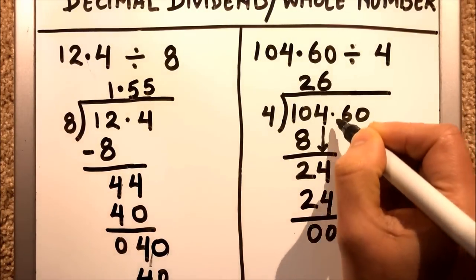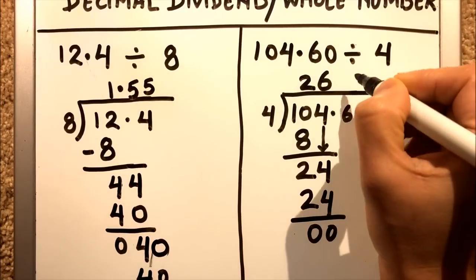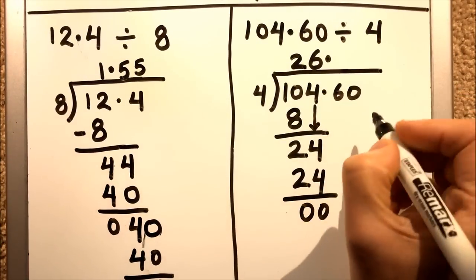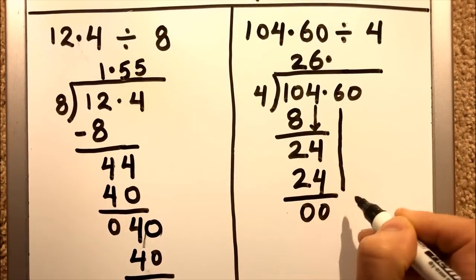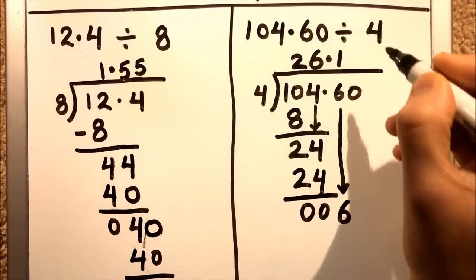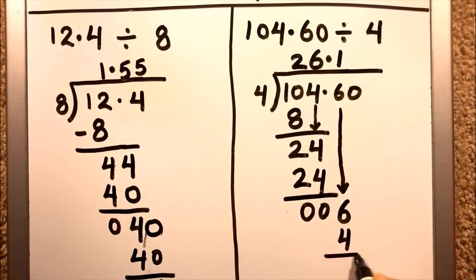Now we see that there is a point in between, so we'll put the point in the quotient, and then we'll move forward with the next number, which is 6. Now we'll count the tables of 4, which is 4 times 1 is 4.